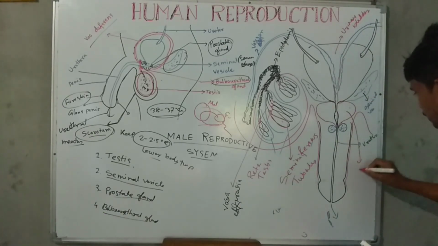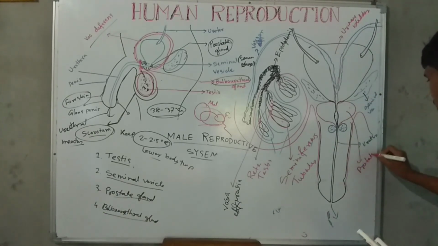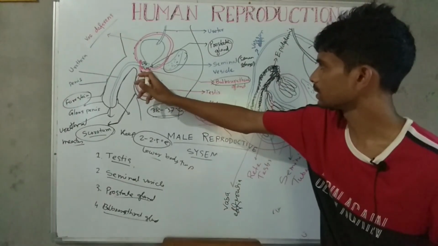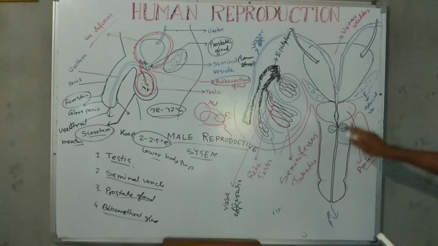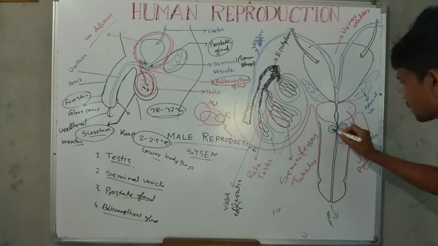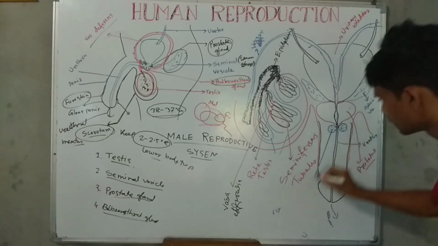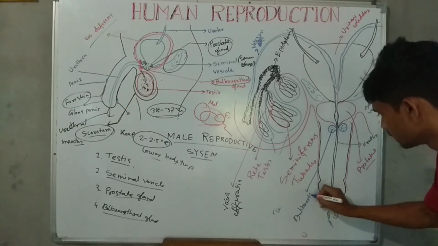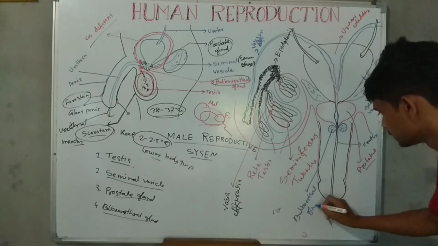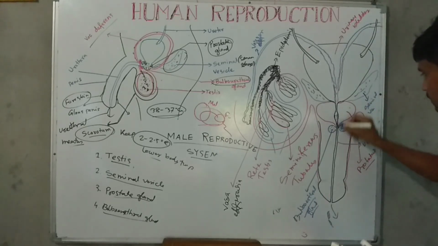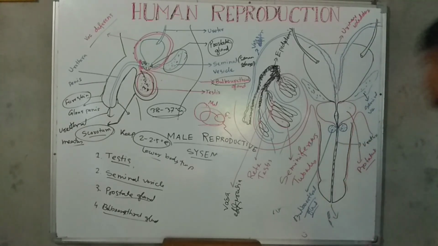This is the prostate gland, and after the prostate gland, at the joining, there is another gland called the bulbourethral gland. This produces lubricant. From here the semen is passed out.